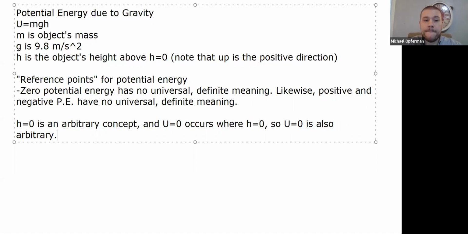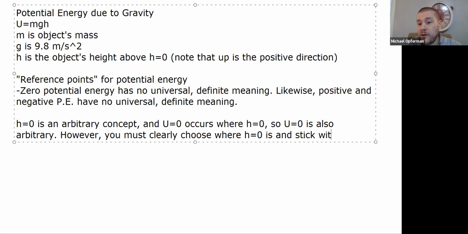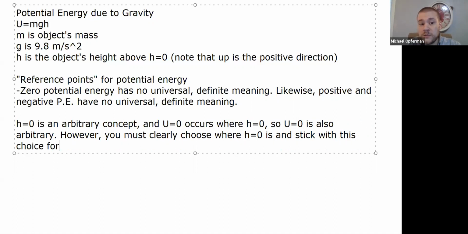However, you must clearly choose where h equals 0 is, and stick with this choice for the whole problem.